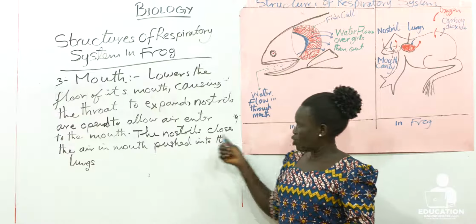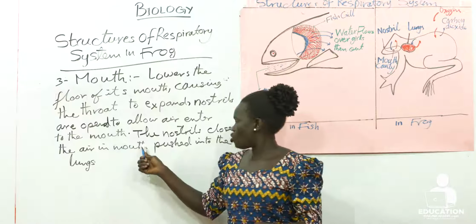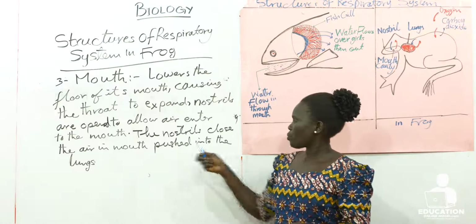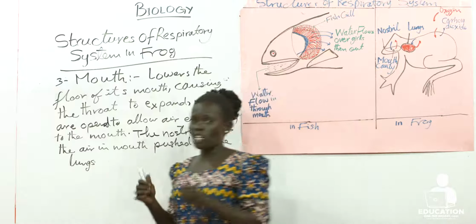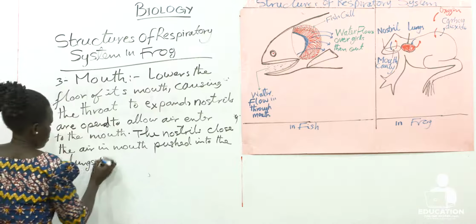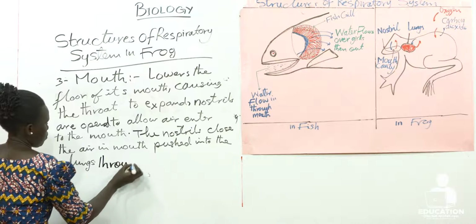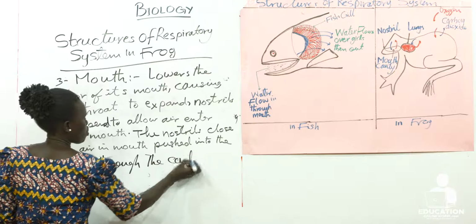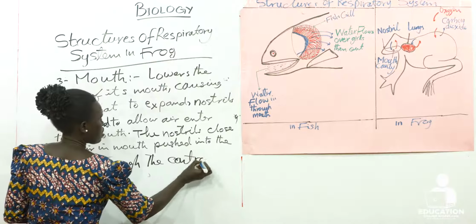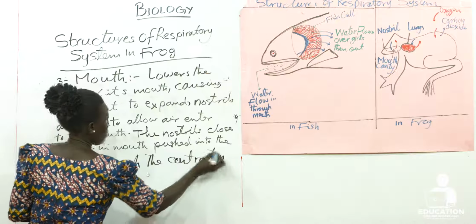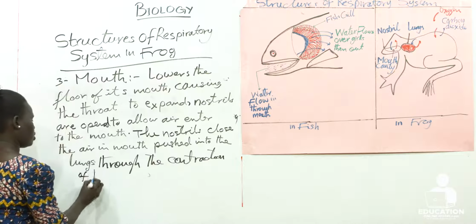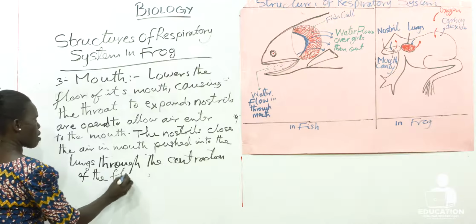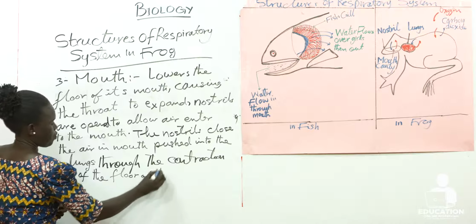Then when the nostrils are closed, the air in the mouth is pushed into the lungs through the contraction of the floor of the mouth.